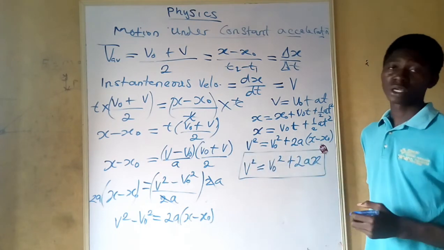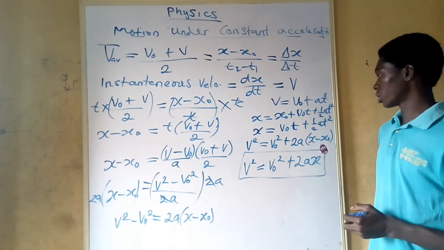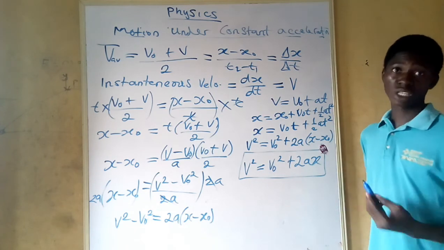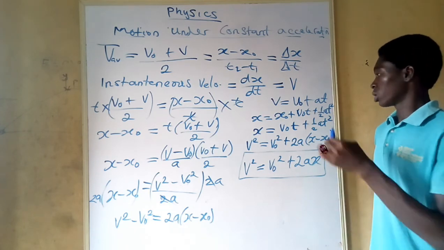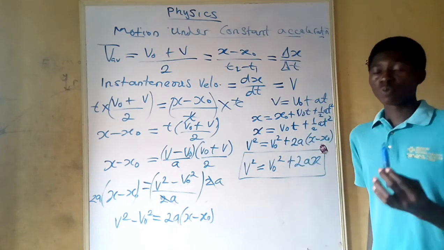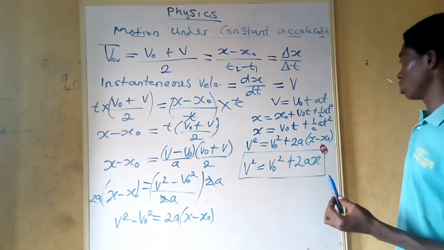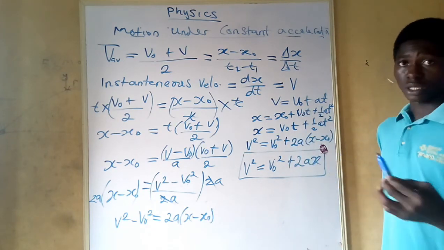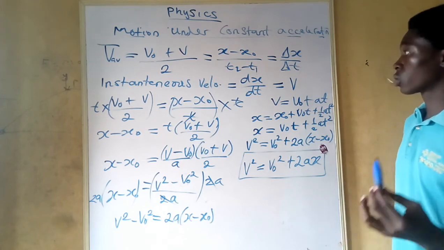So these are the basic equations of motion that we have. In the next video, we are going to look at how to make use of every one of them in solving questions on equations of motion.